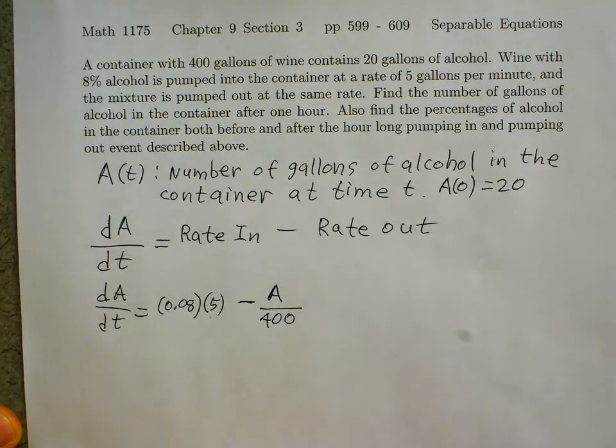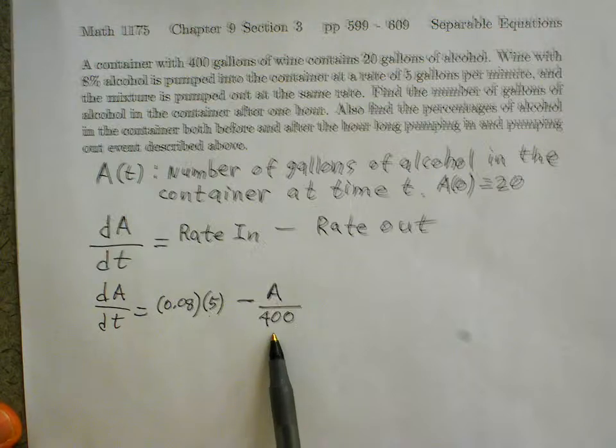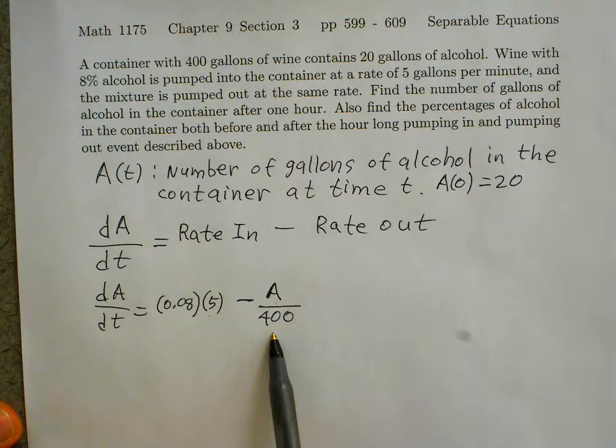For example, if the amount of alcohol at time t is 40 gallons, then 40 out of 400 is 10%. So this represents the decimal form of the percent of alcohol in the container at time t.